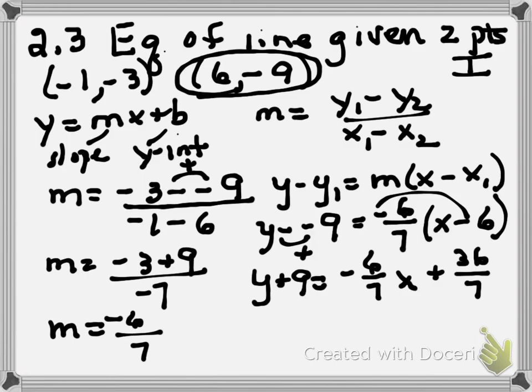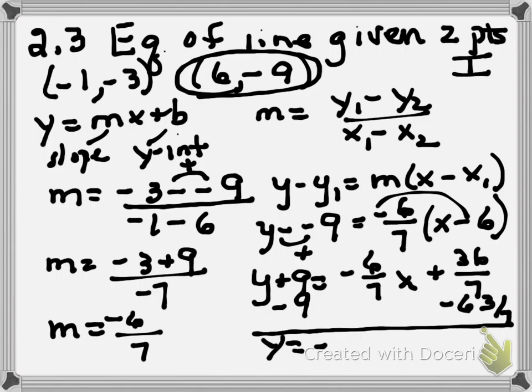Now I still want to simplify this, so I'm going to subtract 9. And when I subtract 9, I'm going to subtract it as having a denominator of 7. So I want to subtract it as minus 63 over 7. Y equals negative 6/7 x. Now, here we go again. We have a negative 63 and we have a positive 36.